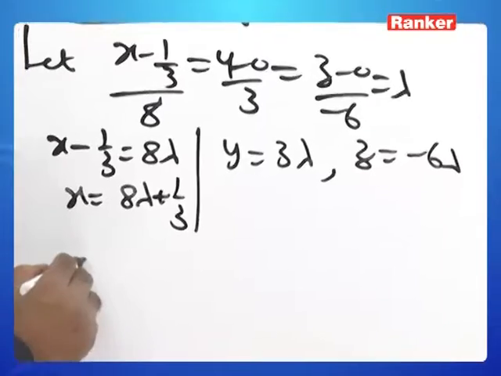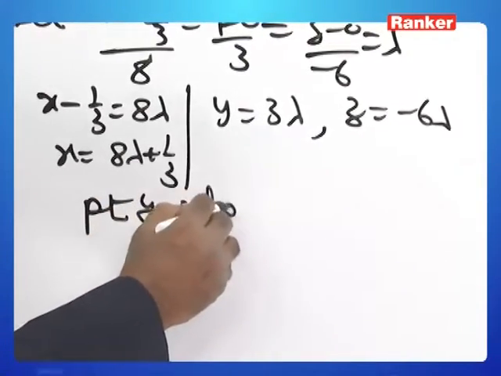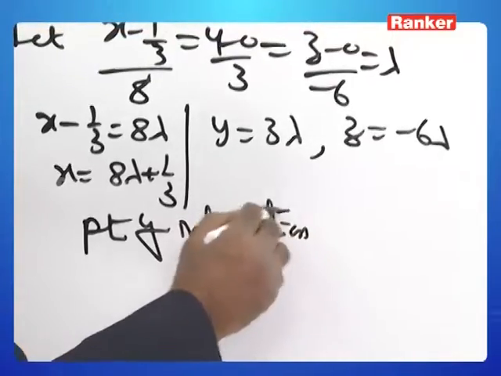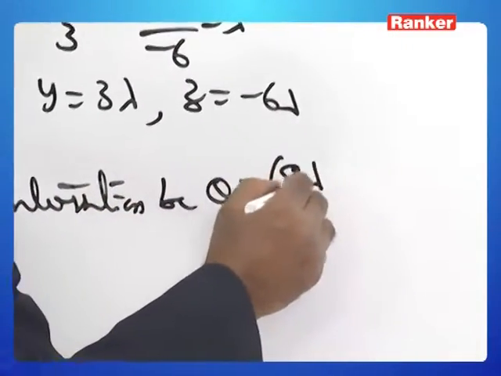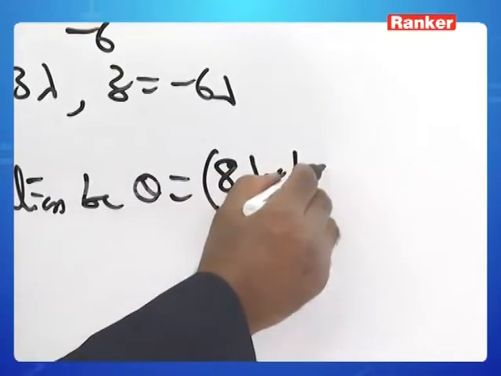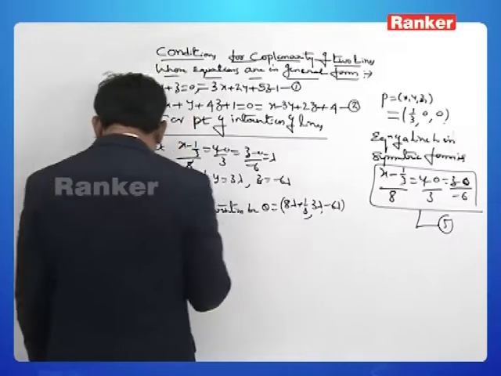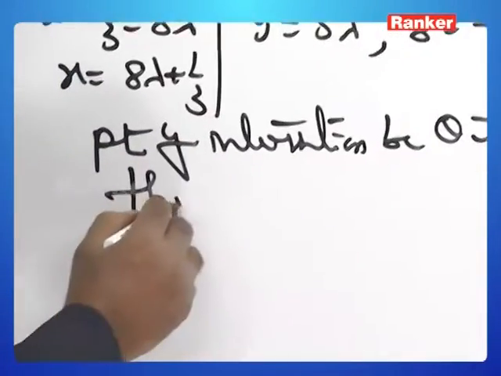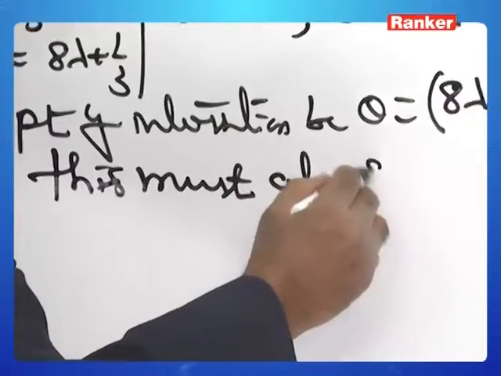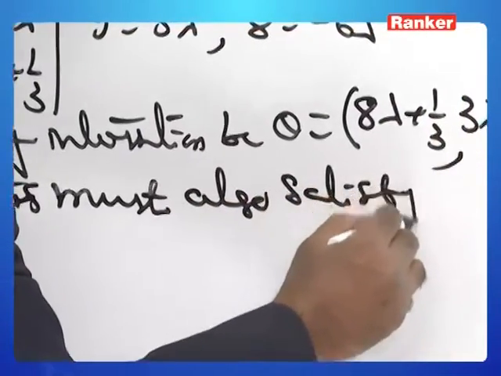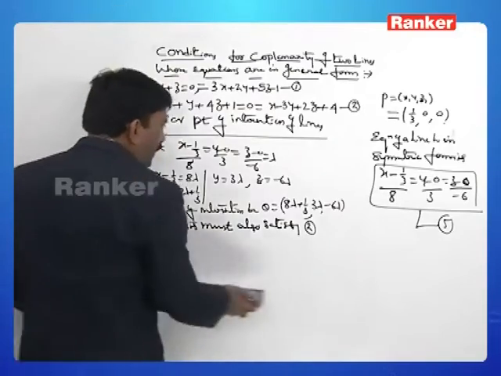So now the point of intersection is (8 lambda plus 1/3, 3 lambda, minus 6 lambda). Now this must also satisfy the planes. Let us see how we can satisfy this.